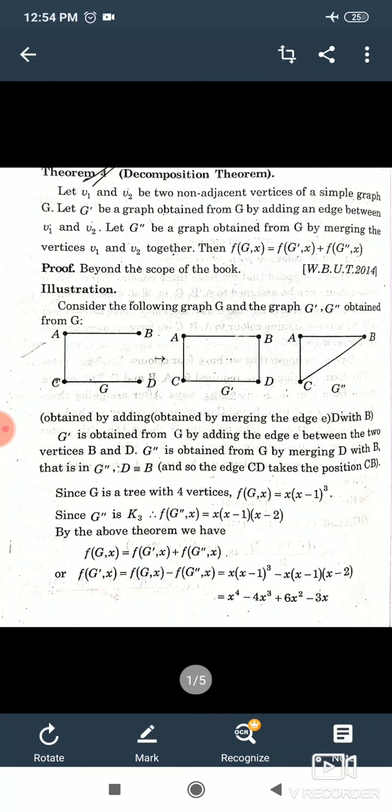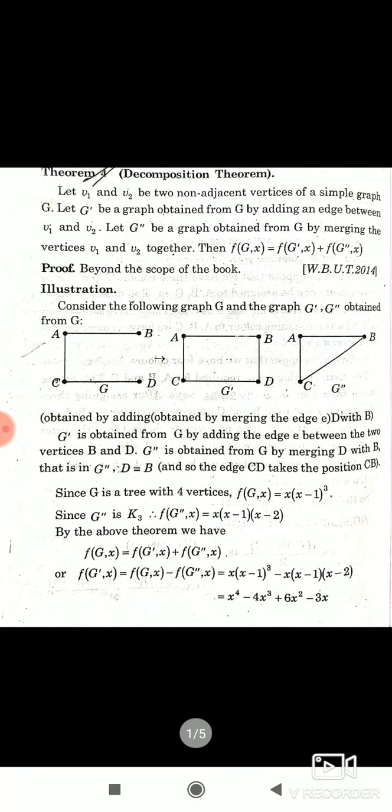Now adding B and D we get G', and deleting CD and adding CB we get G''. Now from the previous class we know that the graph G is a tree with 4 vertices.